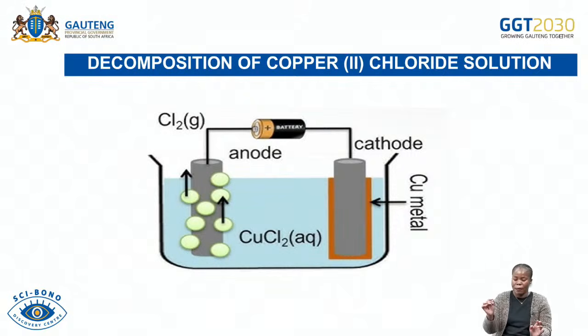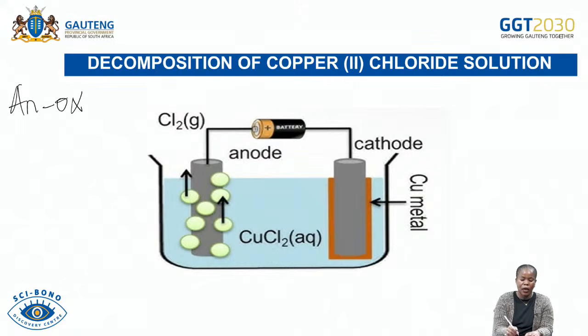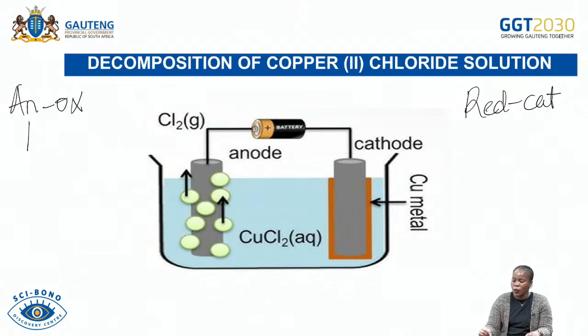Remember, an ox, red cat, an ox, say it with me, red cat. This means that at the anode, here's my anode, what happens there? Oxidation. Red cat: reduction takes place where? On the cathode.